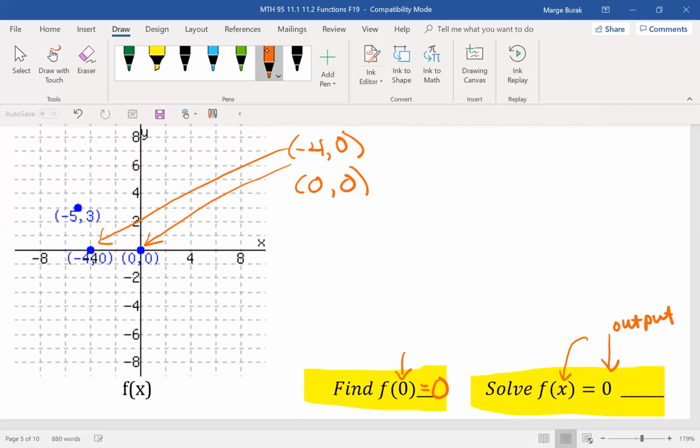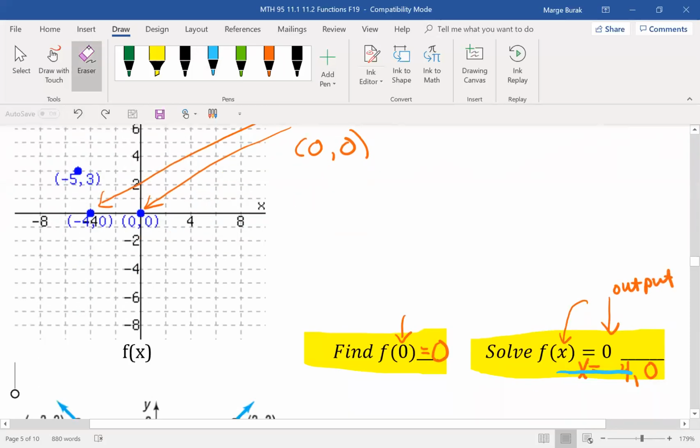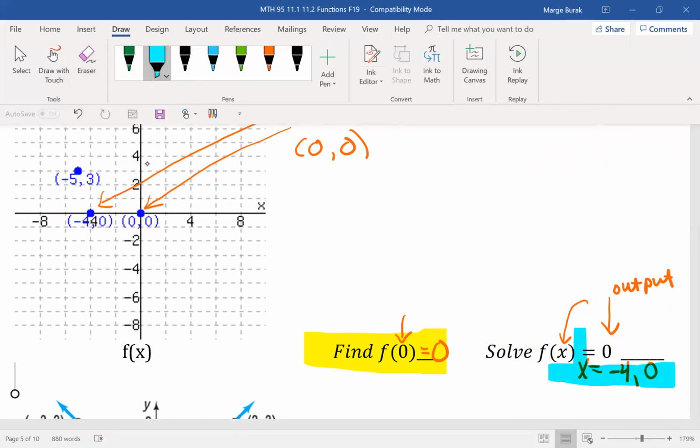So that means that my x could equal either negative 4 or 0 to come out to be 0. Okay, so my answer to that would be x equals negative 4 and 0. And this was my demo up here.